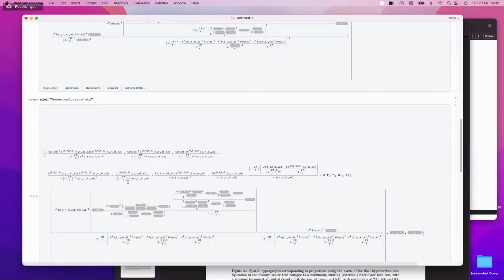Right. So in other words, these choices of coordinates are determining where the update activity is happening. Exactly.